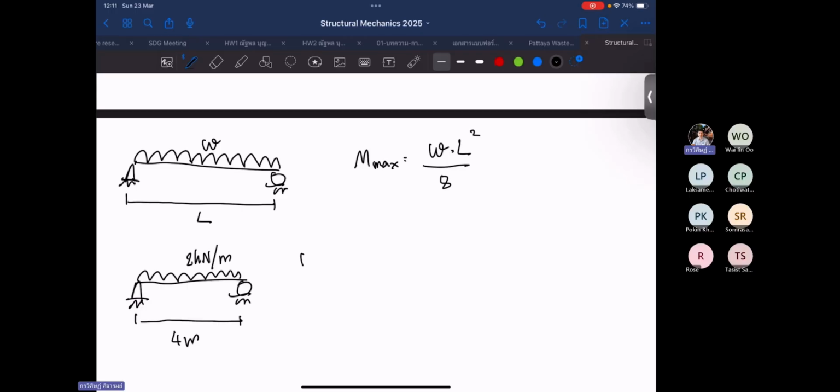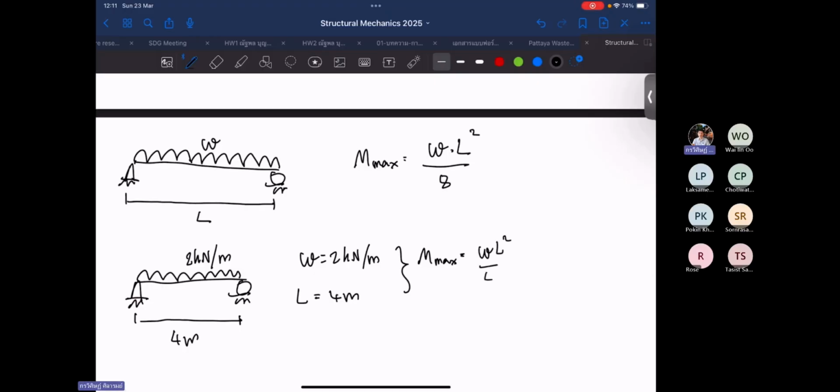So omega equals 2 kilonewton per meter and L equals 4 meters. So maximum bending moment equals omega L square divided by 8. So 2 kilonewton per meter multiplied by 4 meters square divided by 8. Oops, sorry, this one must be 8.